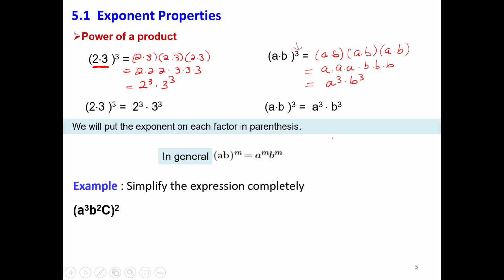What we can do is: a is 3 times 2. Let me write this step here: b is 2 times 2.